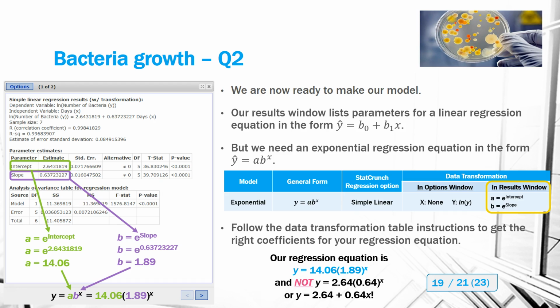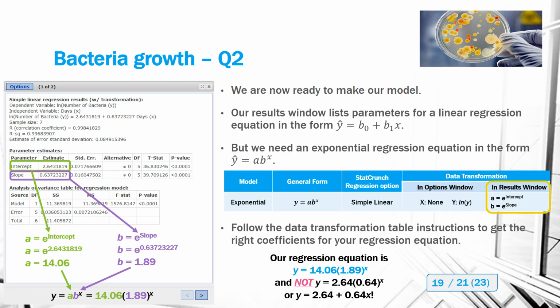Notice the regression equation is not the intercept and slope values taken directly from the table. It's not 2.64 times 0.64 raised to the x power, nor is it the linear regression model that you see up at the top of the results window, 2.64 plus 0.64x.